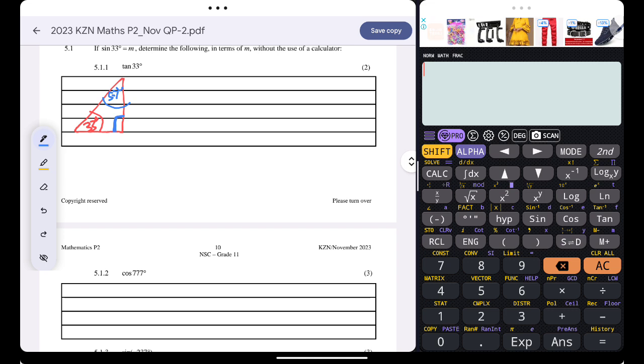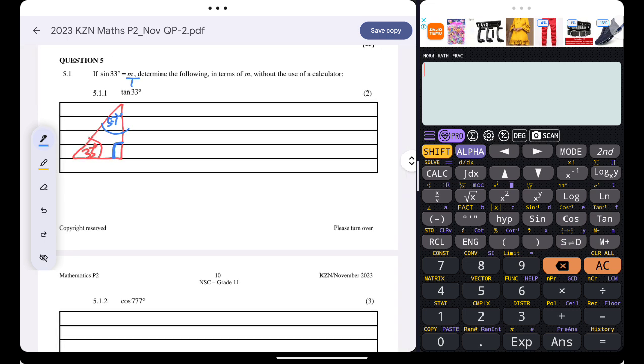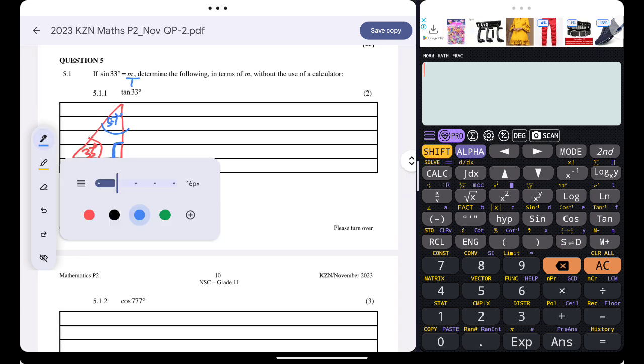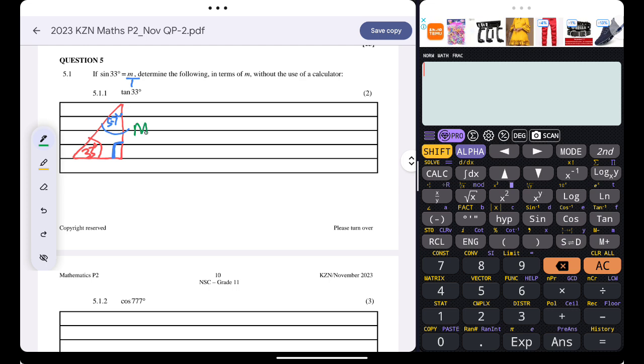Altogether, the sine of 33 degrees is equal to m, so this is the same as m all over 1. Whenever they give me the sine of 33 degrees, they are telling me that the opposite side to the angle of 33 is equal to m, and then the hypotenuse is 1.